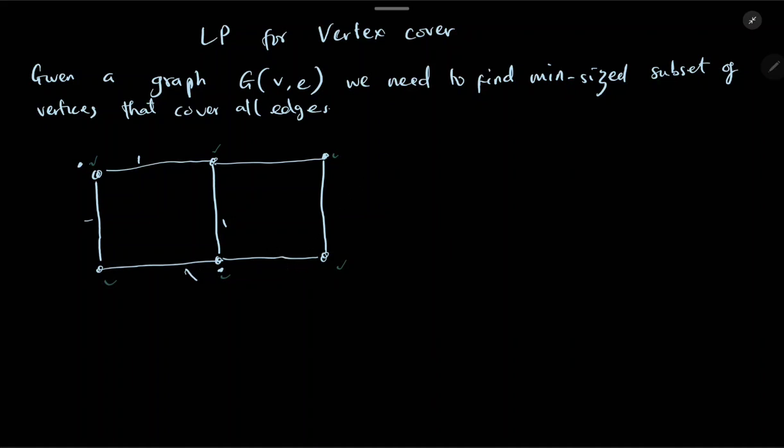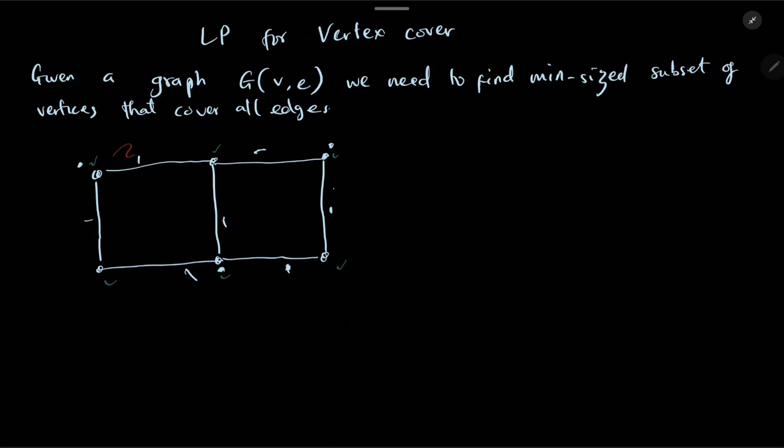And let's say this edge and this edge are all covered by this one, right? So let's choose another one. We still have this uncovered and this uncovered, so we can choose this. So this means we need at least 3 vertices to cover all the edges.